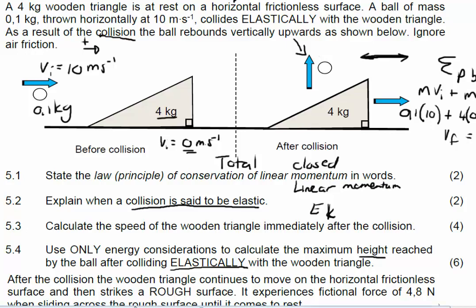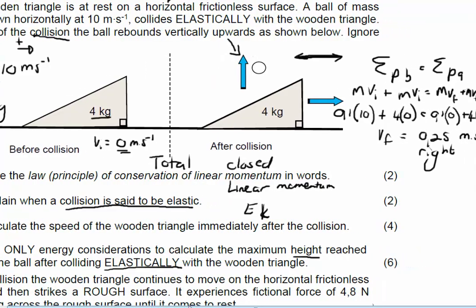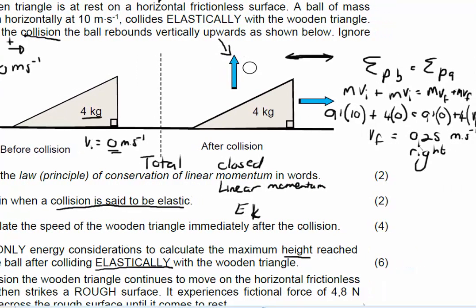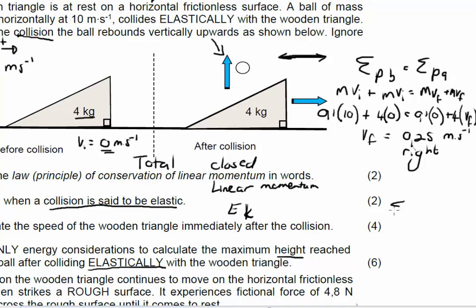So the first energy principle that I'm going to use here is the change in kinetic energy. The total change in kinetic energy remains conserved in an isolated system. So we can say the sum of the kinetic energy initially is equal to the sum of the kinetic energy final. And remember now this is going to be a half mv squared.